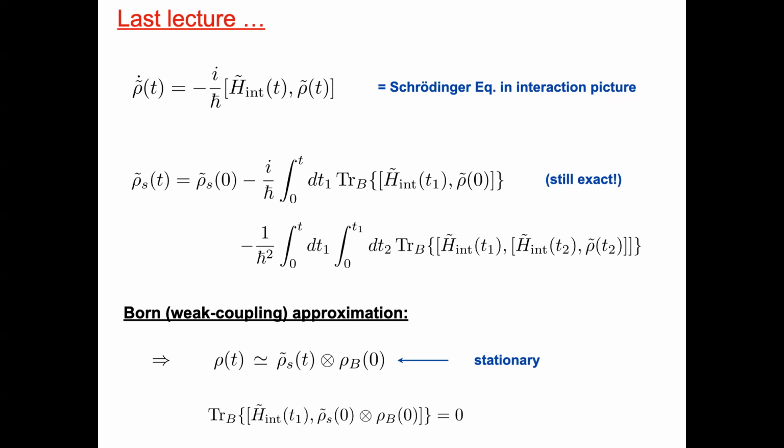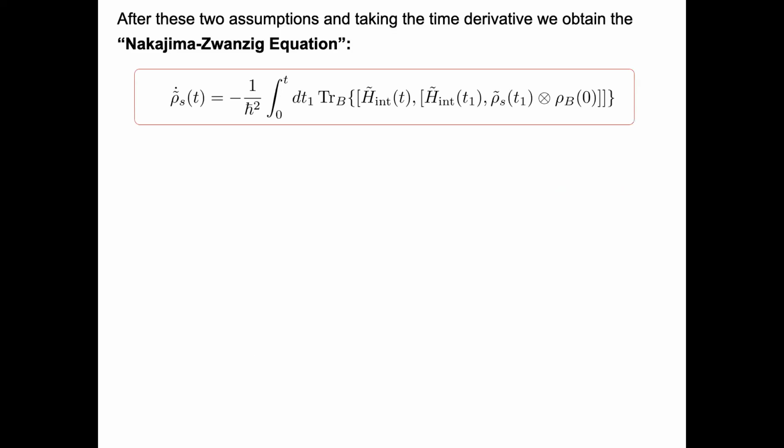So rho dot equals, and from this term, if we take the derivative, we get rid of this integral, and instead of t1, we have t. So we integrate twice, remove the first order term, and then take again the derivative.